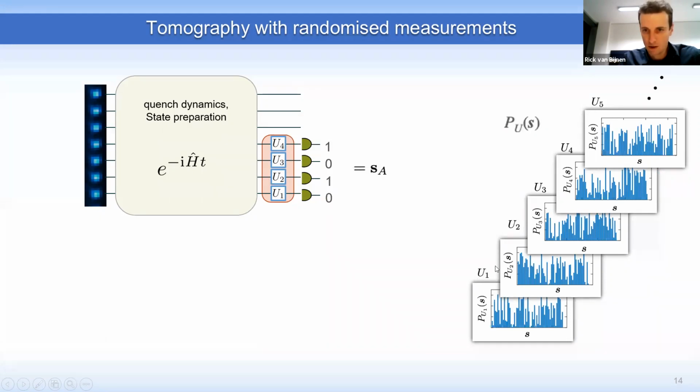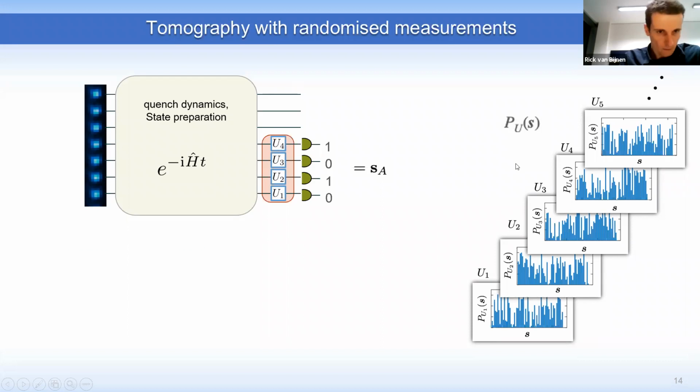In notation, this may be a bit confusing, but this U is now a collection of random unitaries. So every time I rotate my spins randomly, I collect a lot of statistics in this basis, like which bit strings did I see. So each bit string has a probability P under a given rotation U of finding this bit string S.